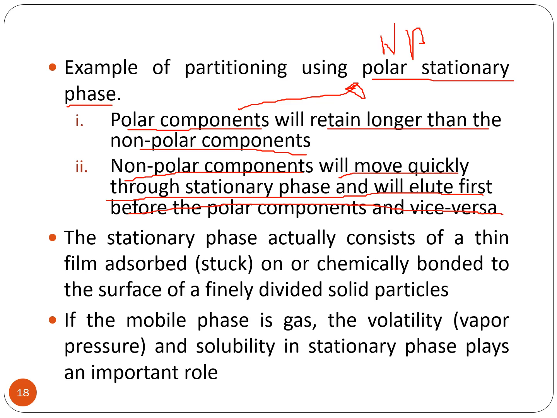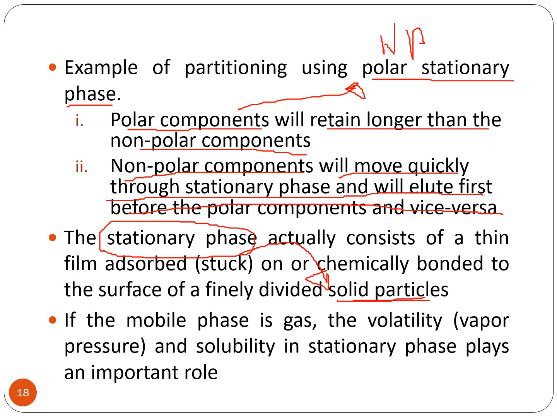Okay, the stationary phase actually consists of a thin film adsorbed or stuck on or chemically bonded to the surface of the solid particle. Okay, stationary phase ni actually dalam bentuk liquid tapi dia akan chemically bonded dalam solid particle.